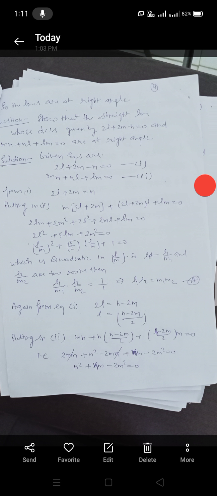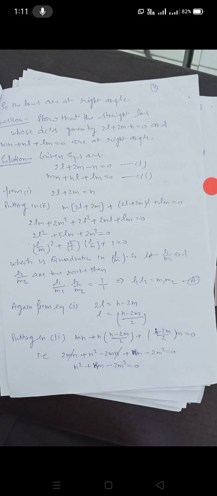Now again, this will be 2lm plus 2m square plus 2l square plus 2ml plus lm is equal to 0. So this will be 2l square plus 5lm plus 2m square is equal to 0. Again, this can be written as l by m to the whole of square plus 5 by 2 l by m plus 1 is equal to 0, which is quadratic in l by m.